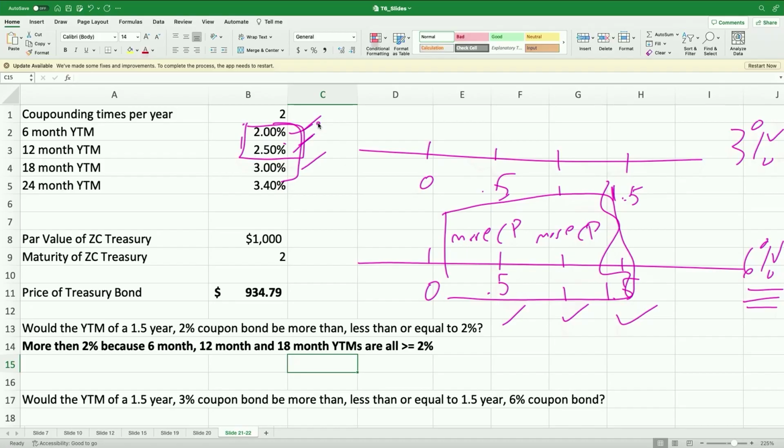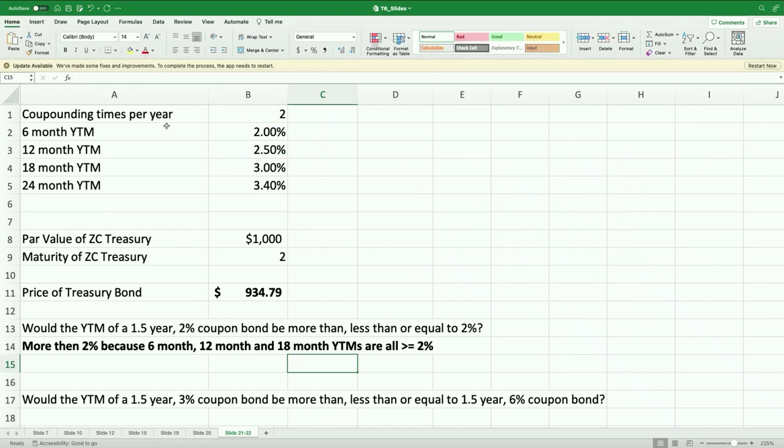Again, the overall yield to maturity you can think of as just a weighted average of the yield to maturity or spot rates at these 3 individual times. The 6% coupon, because it has more cash flow arriving at earlier times, is going to have more weight on these earlier dates, which means the yield to maturity for the 6% coupon bond will be lower than that of the 3% bond. Or said another way, the 3% bond yield to maturity will be greater than that of the 6%.